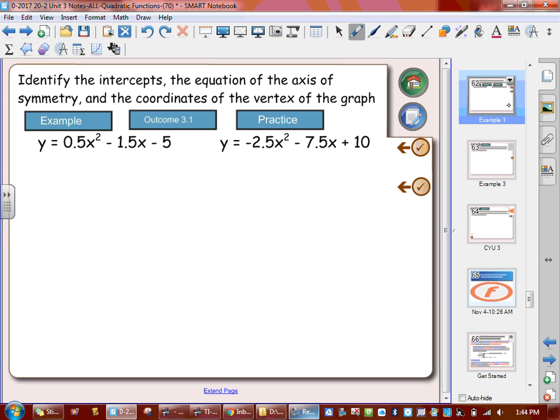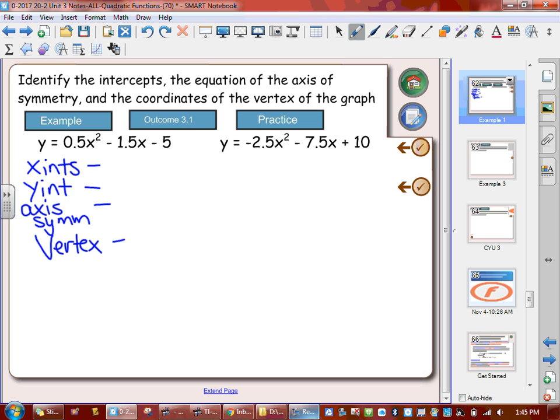We want to find y-intercepts. We want to find the axis of symmetry. We also want to find the vertex. We need to find our domain and our range and max or min.